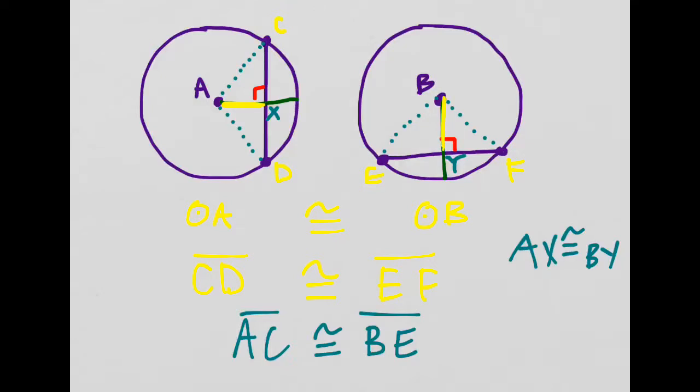So it doesn't matter if the chord is down here at the bottom or on the side. You can rotate the whole thing, and there are so many things that are similar and congruent. Once you have it proven that AX equals BY, and if these radii are also congruent and the chord is congruent, we know that it's bisected. We can prove a lot of things just by having that information.